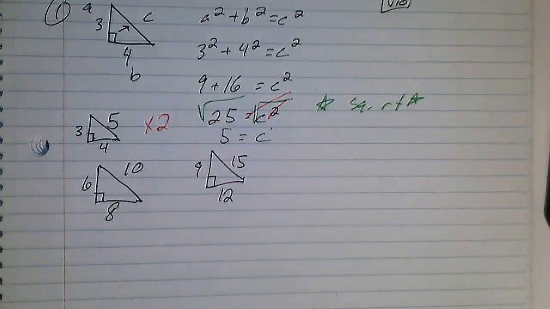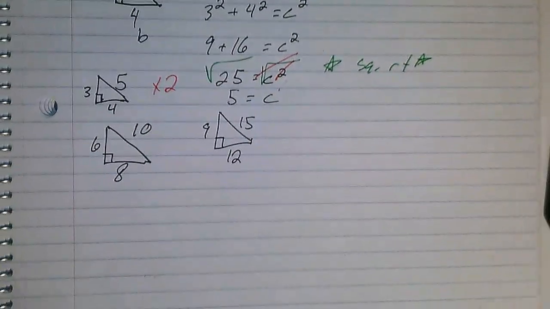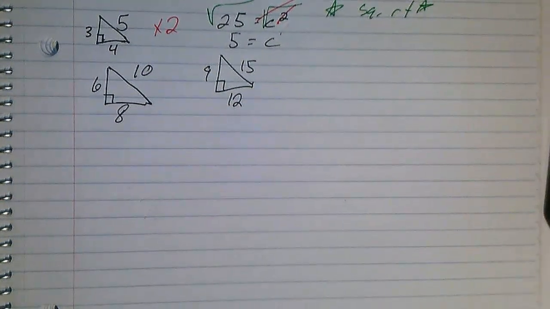So you can kind of just spot those once you get used to them. But a lot of the right triangles you'll be asked to find missing sides of, if they come out to whole numbers, it's often a multiple of the 3, 4, 5.